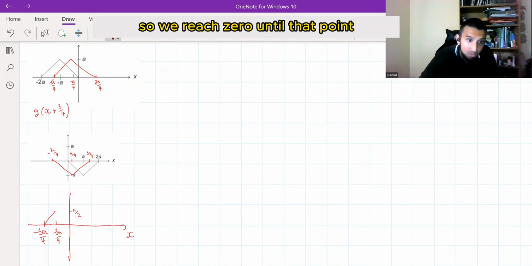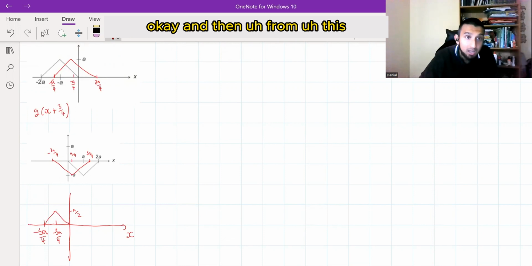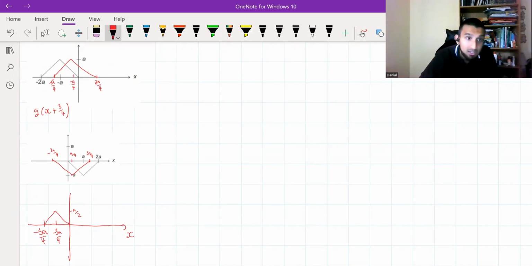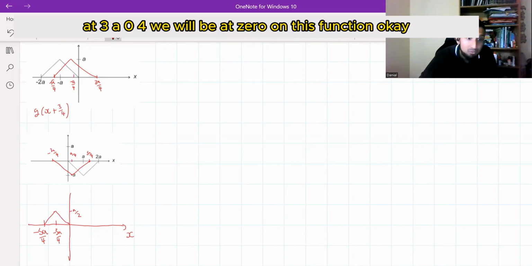So we reach 0 until that point. Okay, and then from this end point, which is 3a over 4, at 3a over 4, we will be at 0 on this function, okay?